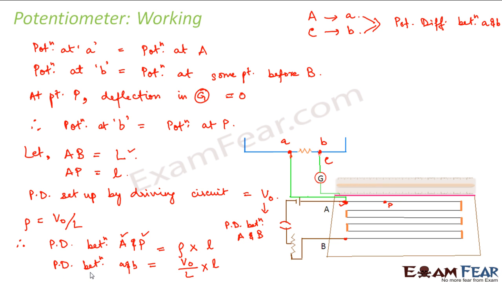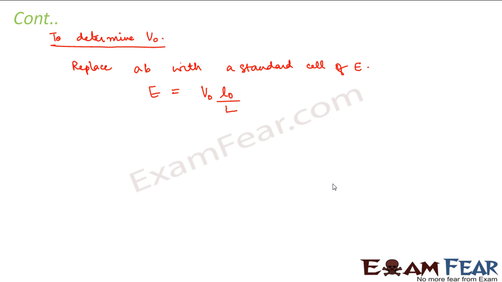Because the potential difference between A and B is equal to V naught by capital L, that is the potential gradient, into the length l. Now, when I have put another cell instead of that, the EMF will be equal to V naught by L, which is again the potential gradient, into the length. Let us suppose that the length in that case will be L naught.